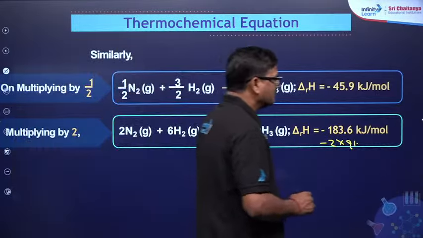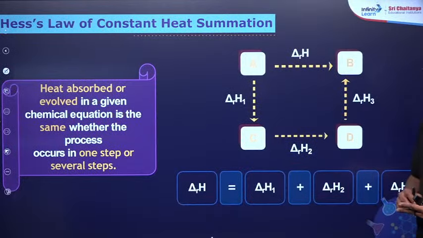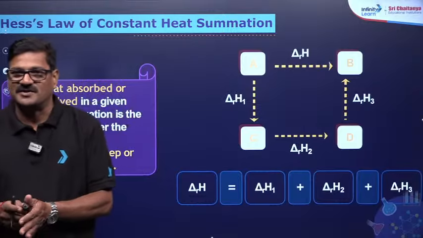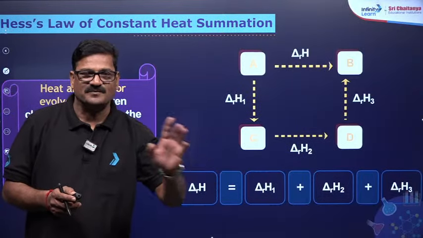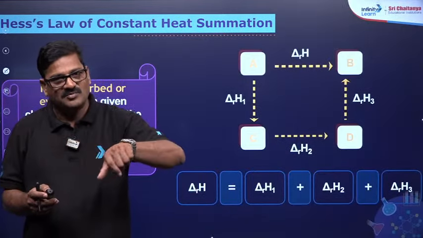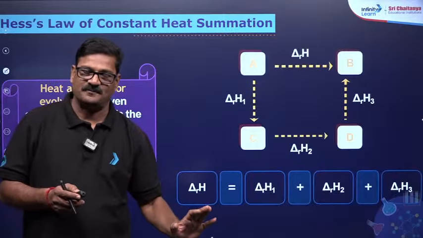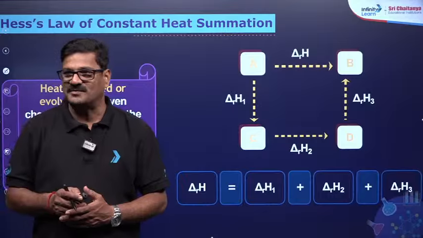Okay, and also Hess's law of constant heat summation. Hess's law says that if a reaction takes place in a single step or in multiple steps, the enthalpy of the reaction is the same.